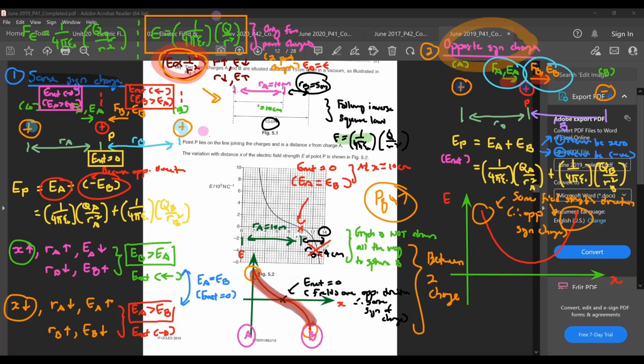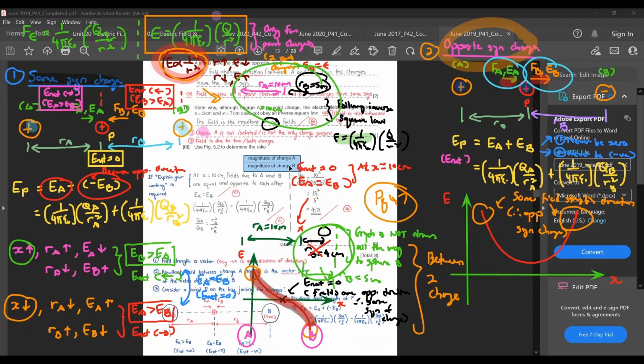That's why your value here is not really accurate. It's not 4 centimeter. If I continue drawing it, say up to here, you would have gotten RB as 5 centimeter. So you don't try to read it from this. You try to read it from the diagram above. Okay, your RA is 10 centimeter, your RB is 5 centimeter.